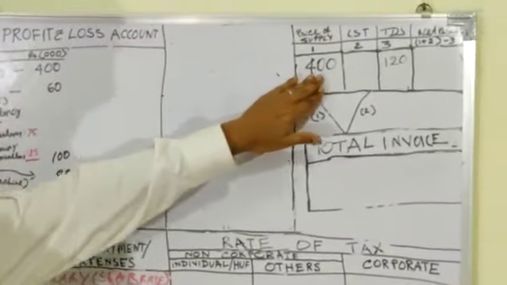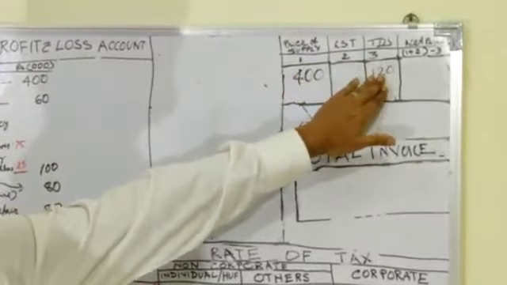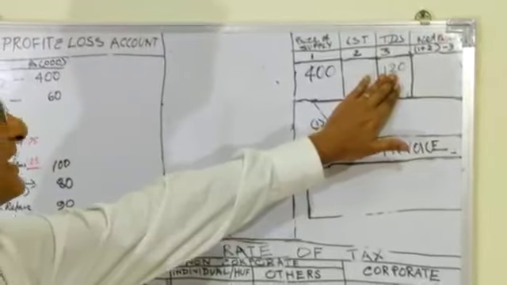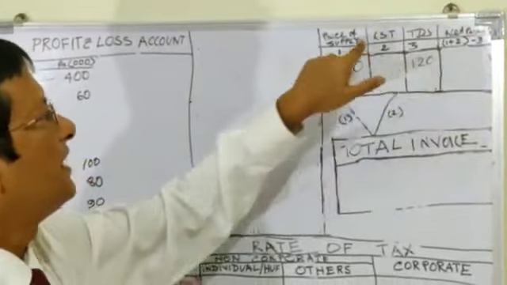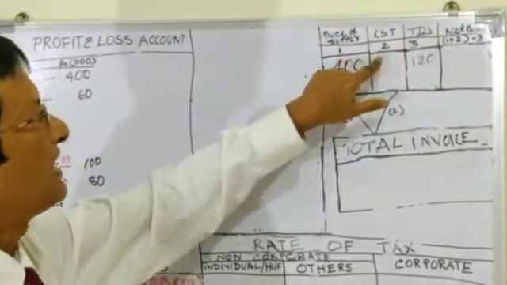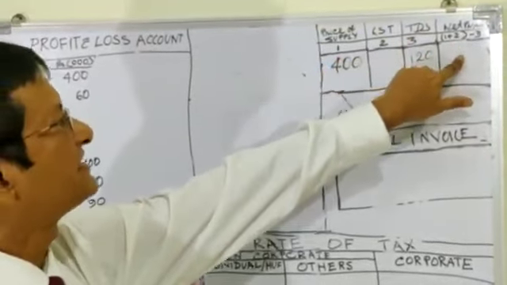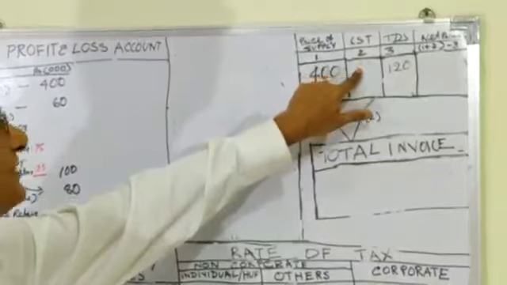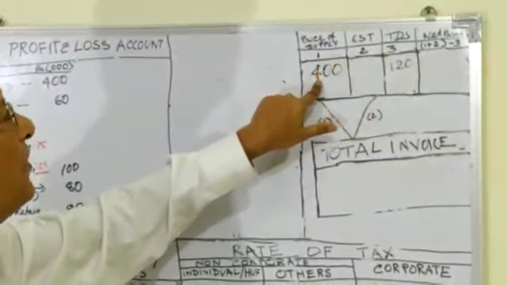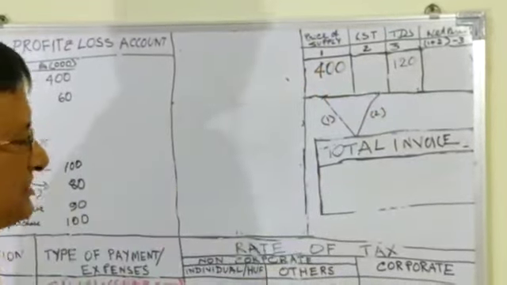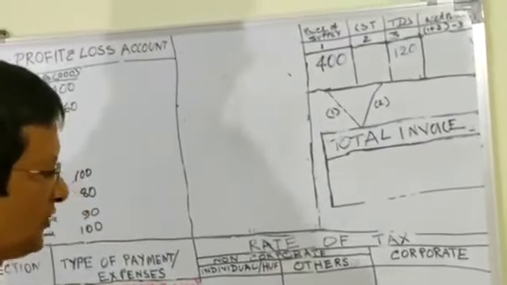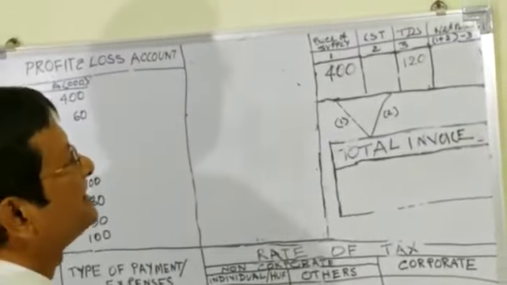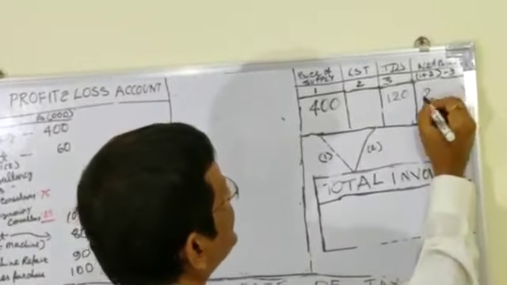This is the employee's salary. This is the tax to be deducted from the employee's salary. So the net amount will be 1 plus 2 minus 3. There is no GST, so it is 0. So 400 minus 120 is basically 280.